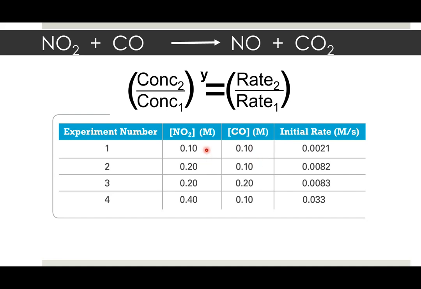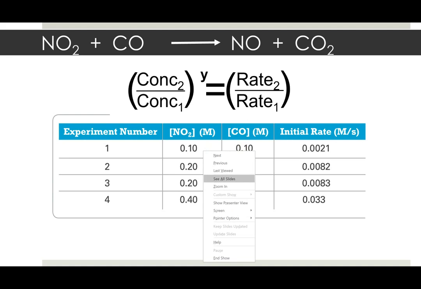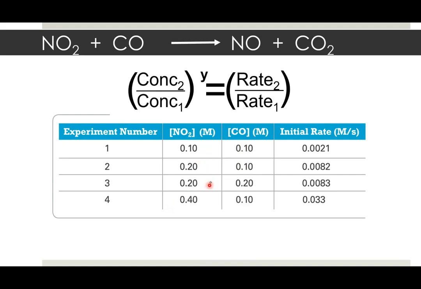I could not look at trial 1 and trial 3, because even though NO2 changes, CO also changes. I can't have 2 things changing and still get a clear picture. So to determine the order of NO2, I'm going to look at trial 1 and trial 2. These change, these stay the same.